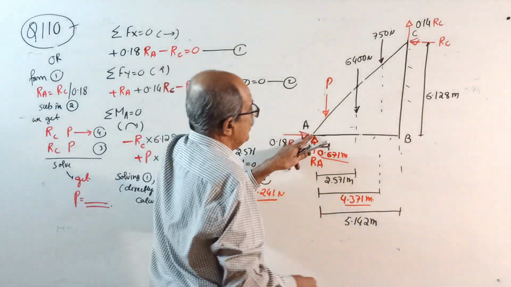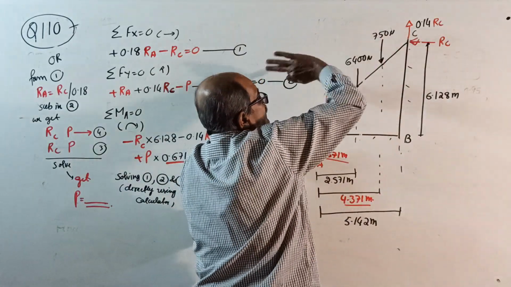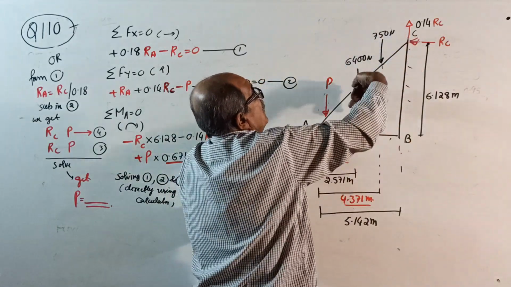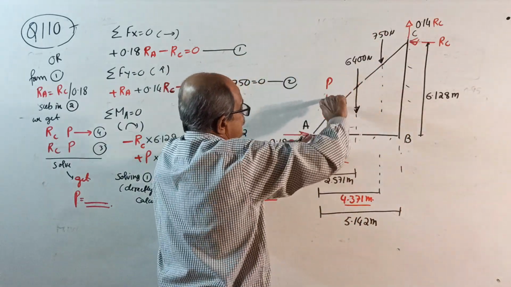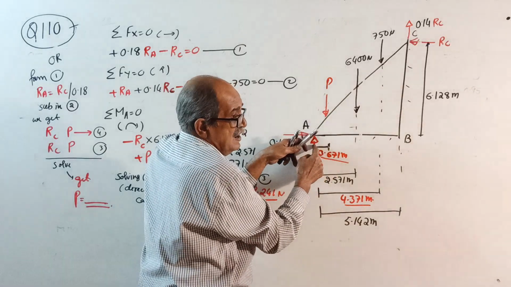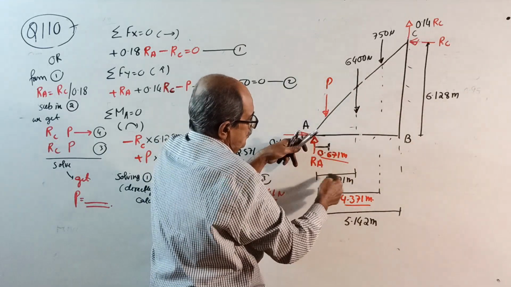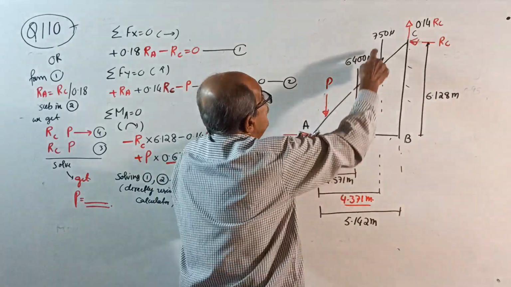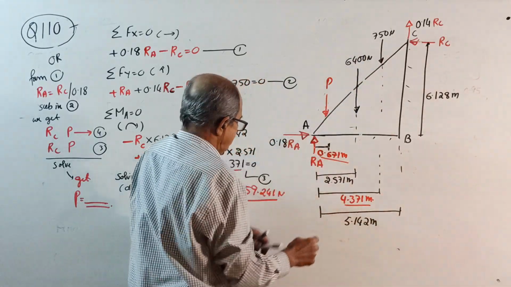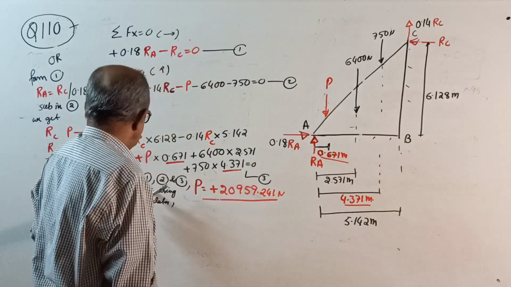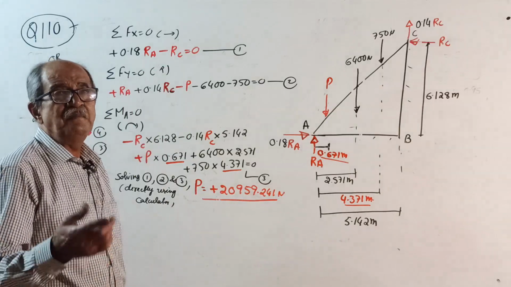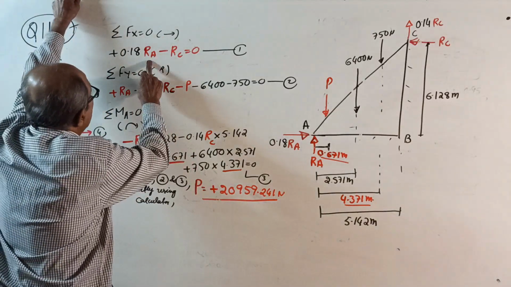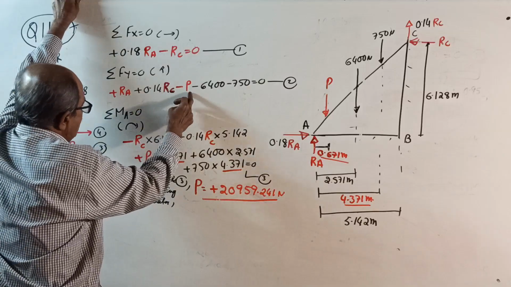Take moment about point A: minus RC into 6.128 minus 0.14 RC into 5.142 plus P into 0.671 plus 6400 into 2.571 plus 750 into 4.371 equals 0. You have three equations, this time you have to solve. This is not a mathematical trick: RA, RC, P.